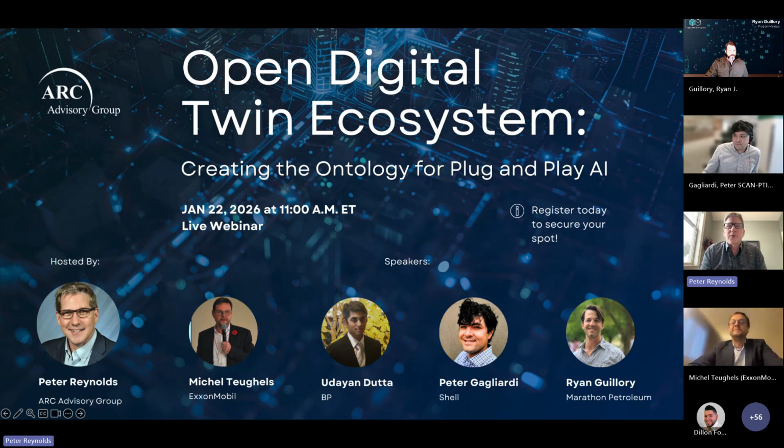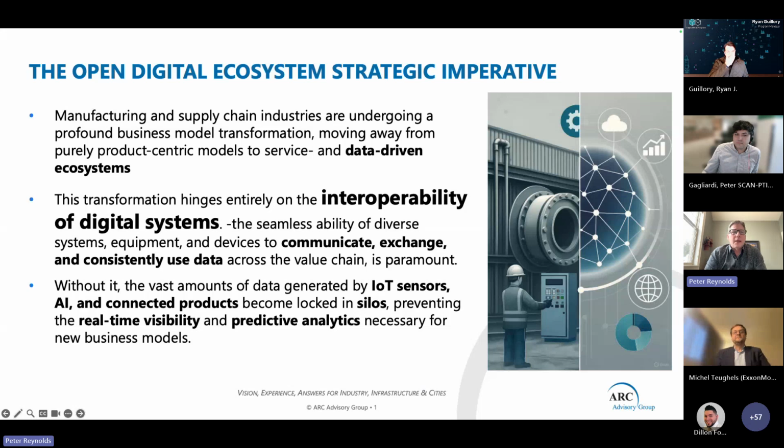So open digital twin ecosystem or open digital ecosystem. Let's talk a little bit about what we see happening in industry. We think that there's a little bit of a narrative shift that's taking place. A lot of manufacturing and supply chain organizations and companies are undergoing some changes. Of course, there's always lots of change going on, and they're moving away from purely product-centric models and more into data-driven ecosystems.